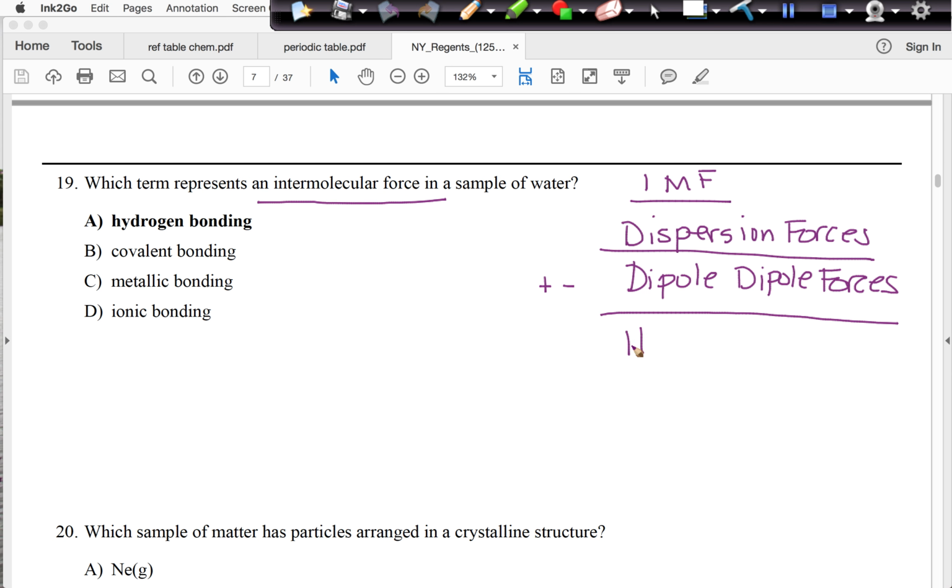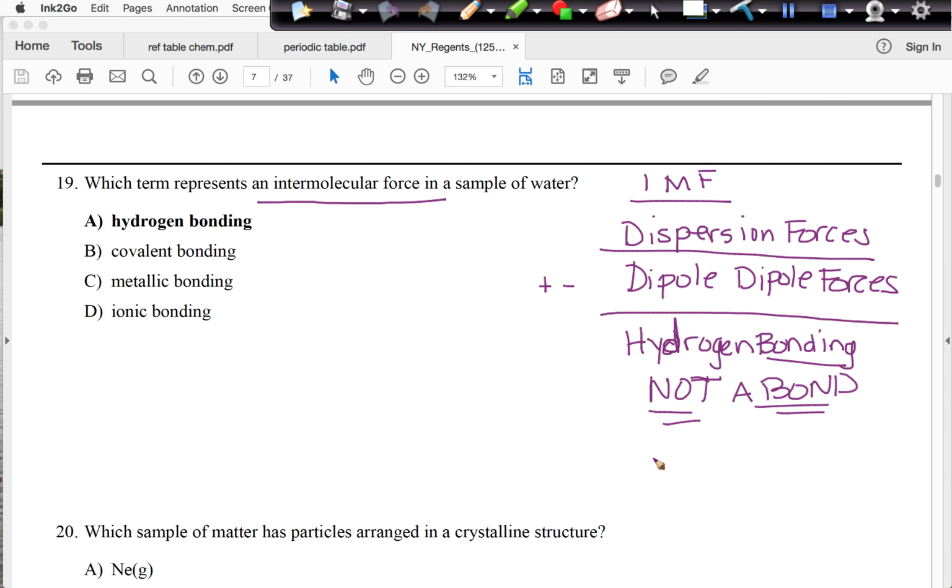So this is only something that's present in asymmetrical polar substances. And then we also had hydrogen bonding, which is not a covalent bond. Just because the name says bonding in it, it's actually an intermolecular force of attraction. Hydrogen bonding happens between molecules of water.